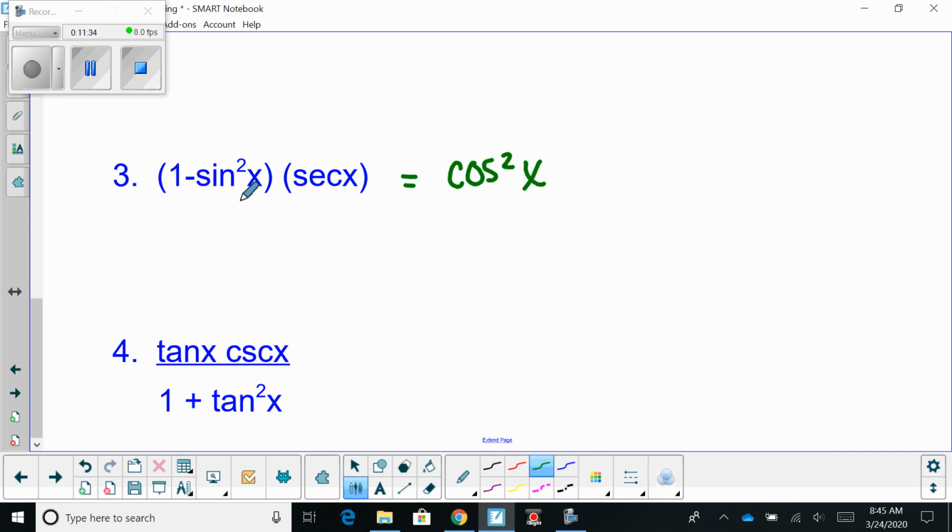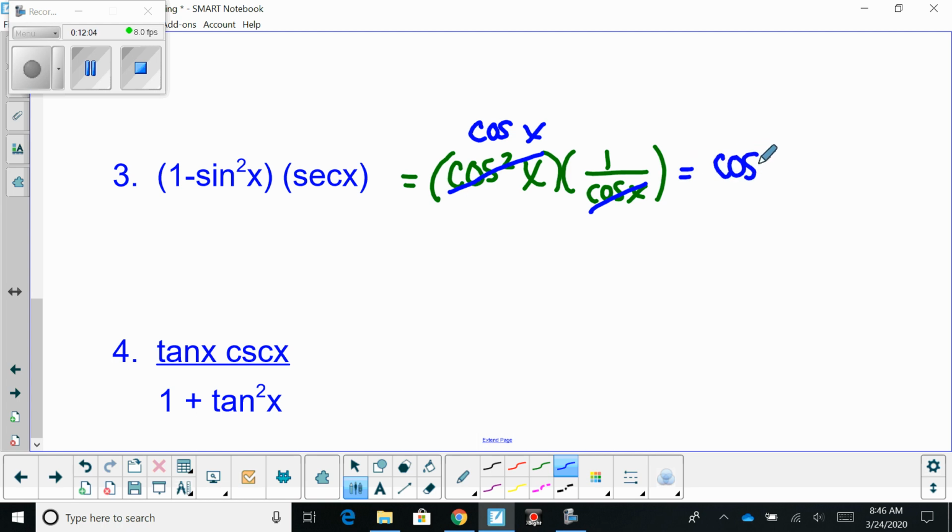So I'm going to switch that 1 minus sine squared to cosine squared. This secant, I'm going to switch to 1 over cosine. And then again, now we have things that will reduce. This cosine in the denominator will reduce with this cosine squared and leave me with a single cosine, or a cosine to the first. Cosine times 1 is going to be cosine x.